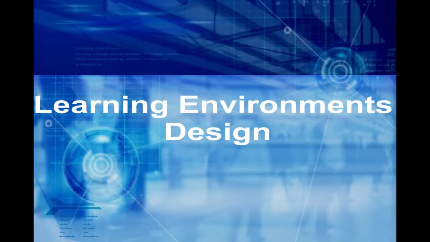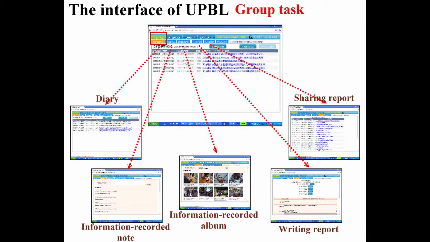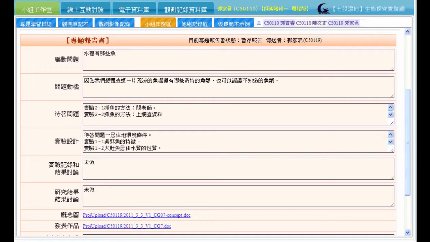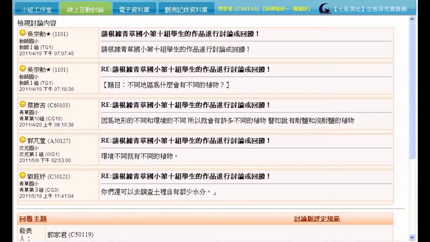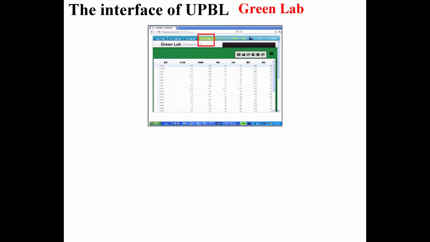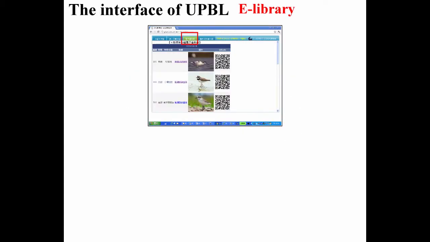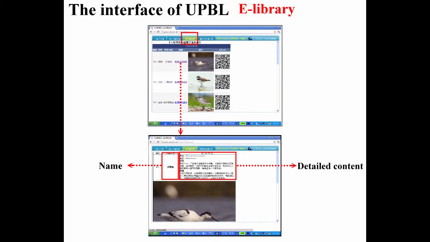Learning environment design. The UPBLS was developed to provide 4 functions: group tasks for editing notes, diaries and reports, online discussion for community collaboration, Green Lab for measurement and statistics sharing, and e-library for ecology knowledge clarification.